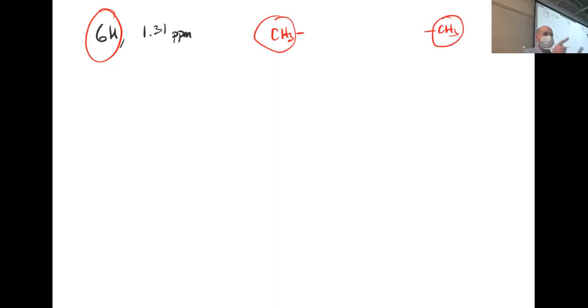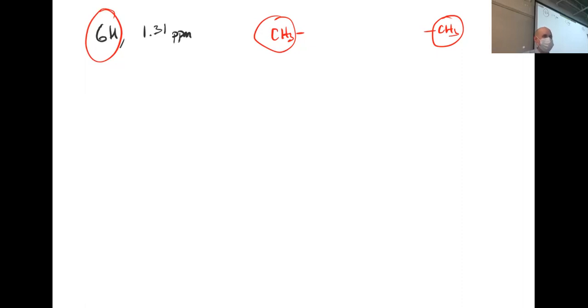Probably that means they're on 2 ends of the molecule that's completely symmetrical, or 2 parts of something that are attached to the same thing. You don't know, but they're 2 identical CH3s. Does 1.31 ppm tell you much information? Yeah, it's not really near anything meaningful.